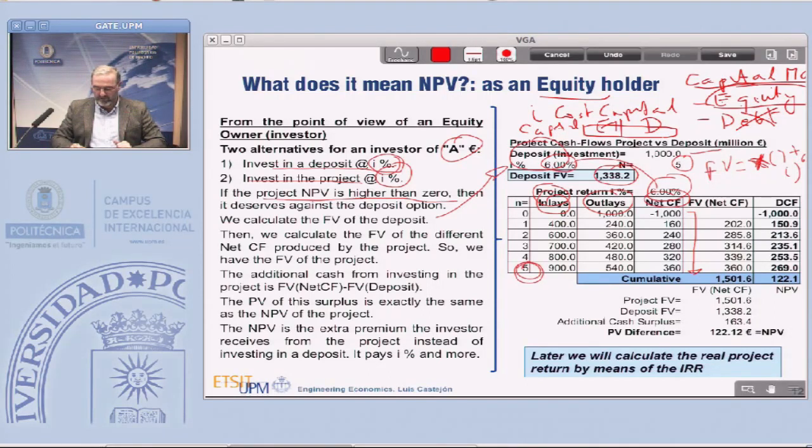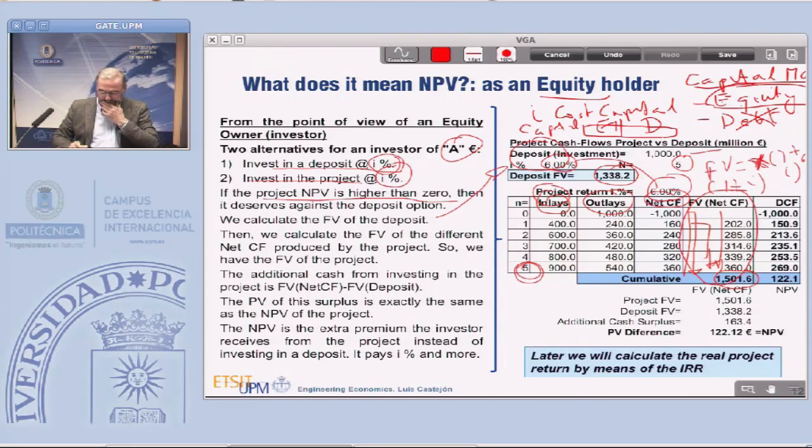And then how we move every year's cash flow to the future is by capitalizing this net cash flow, so multiplying every cash flow by 1 plus the interest rate. So this is the future value of the net cash flow. If we make the cumulative sum of those future values, we have the cumulative sum of this investment, which is 1,501 euros.